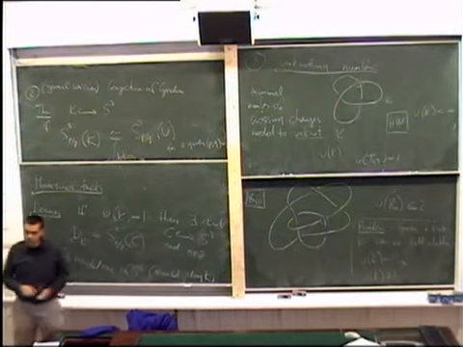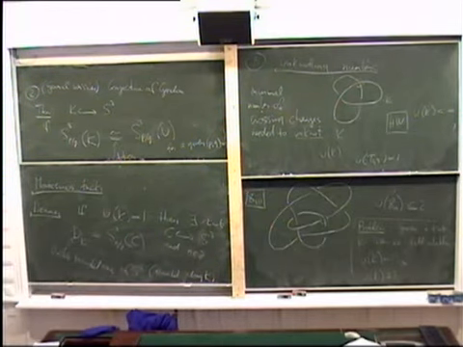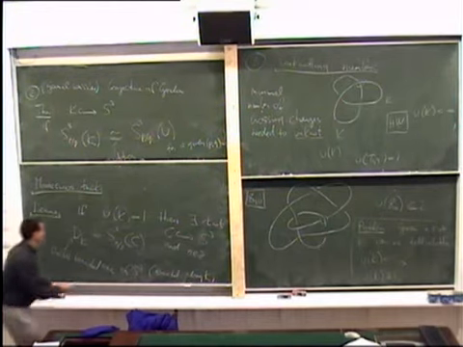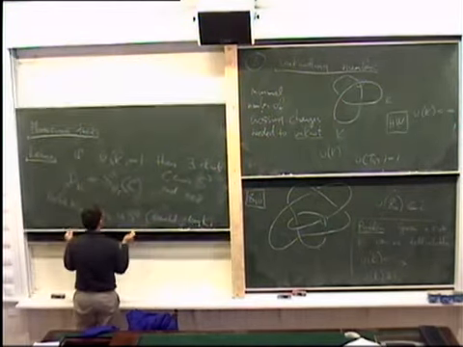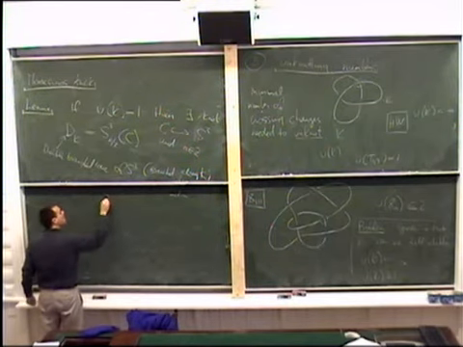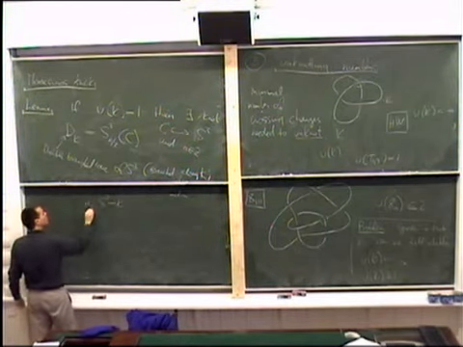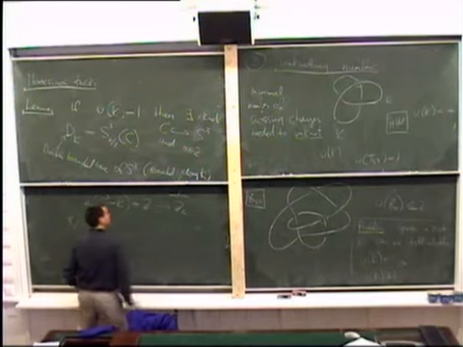So what that is, is that I first delete K from S^3. So S^3 minus K. The first homology of that is Z. So we have a map from pi_1 of S^3 minus K into here and from here to Z mod 2.